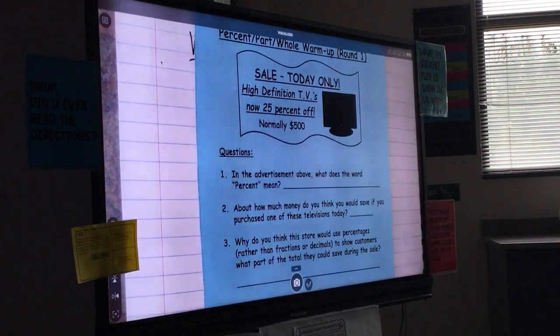I haven't ever seen it too high. That's smaller. Or the only fraction we've probably ever seen is half off, right? Maybe.